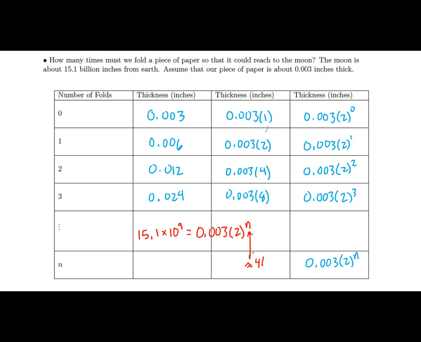Now this might seem surprising, but it shows us the power of what we call exponential growth and how fast it can take off once it gets going. But the catch here is that you can't fold a piece of paper that many times. I think you can only fold a piece of paper about 7 times maybe.